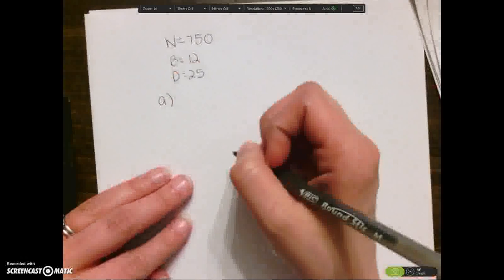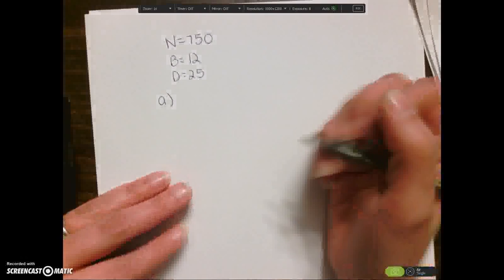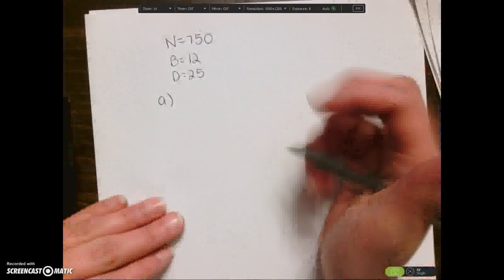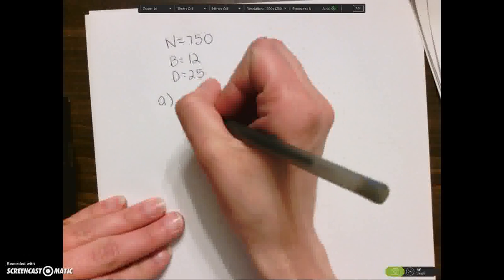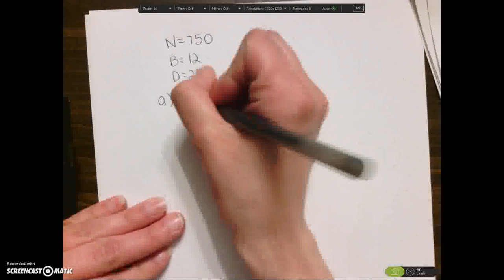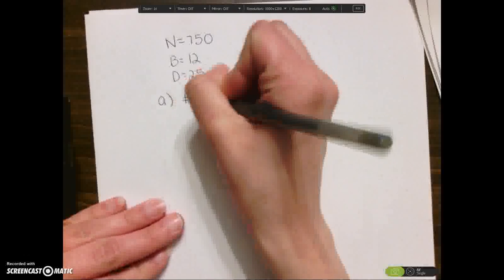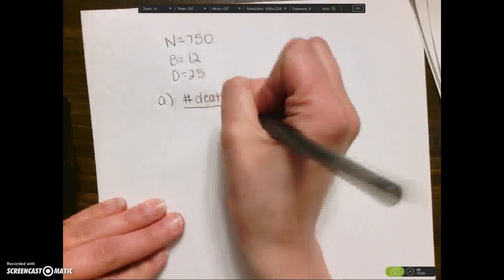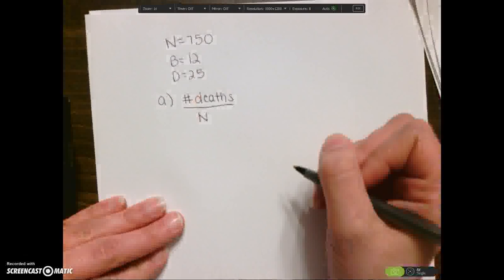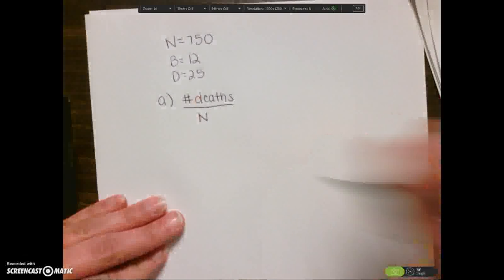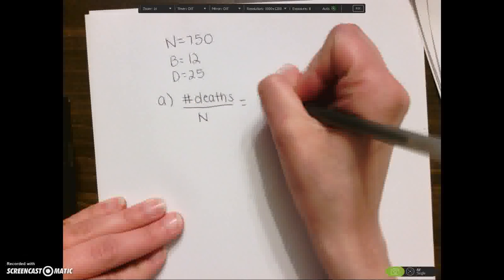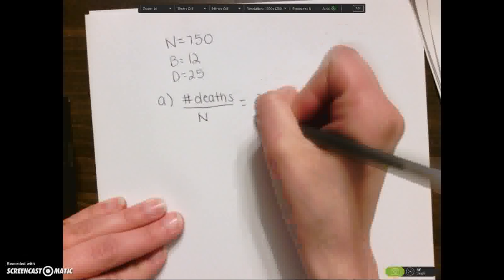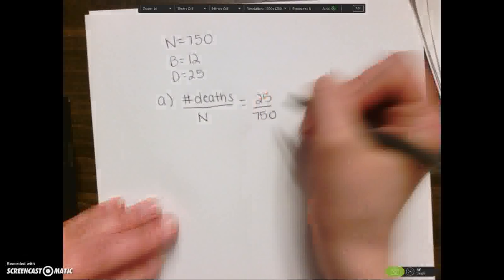To figure that out, we need to calculate death rate to get us started. When we are calculating death rate, just like we talked about a minute ago, we're going to look at the number of deaths divided by our total population. So we are going to take 25 divided by 750.